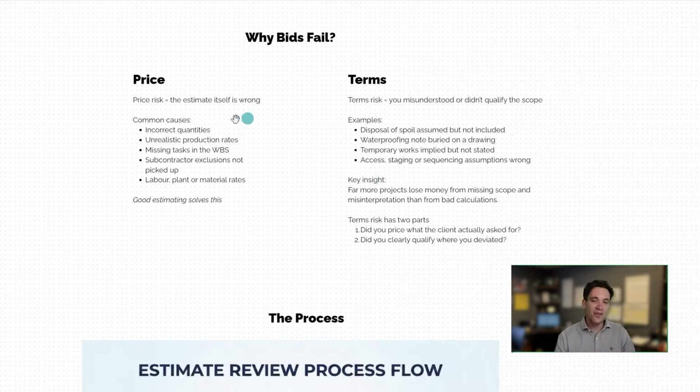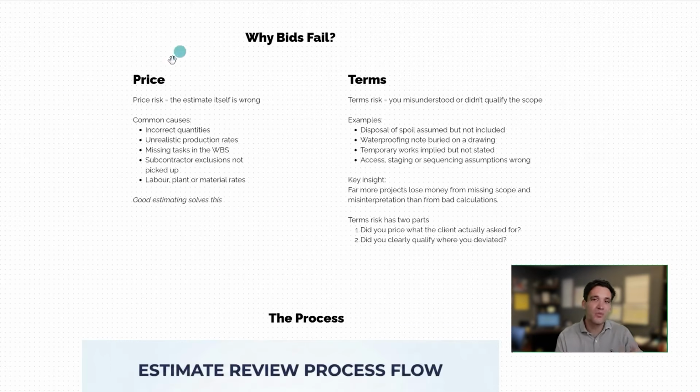So I want to first lay out a concept that I think you might find useful. There are really 2 ways you can fail at a bid. You can incorrectly estimate the price. I refer to this as the price risk, or the risk that the estimate itself is wrong. So there are things like incorrect quantities, unrealistic production rates, missing tasks in your work breakdown structure, subcontractor exclusions not picked up, or just incorrect labor plan or material rates.